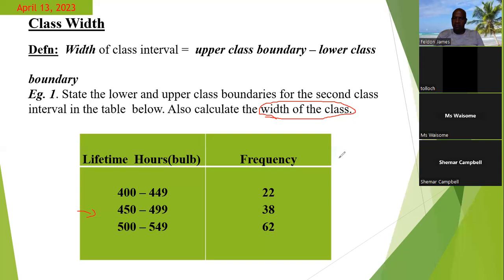Let me work on it also. What class boundary, Mr. Isom, for the second class? The upper class boundary is 499.5, sir. What is the class width, Ms. Isom? The class width would have been 50, sir.